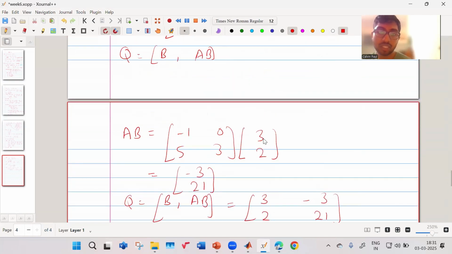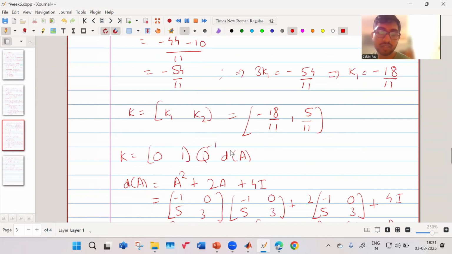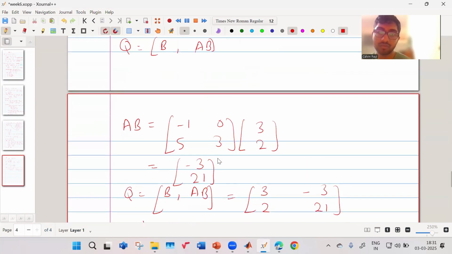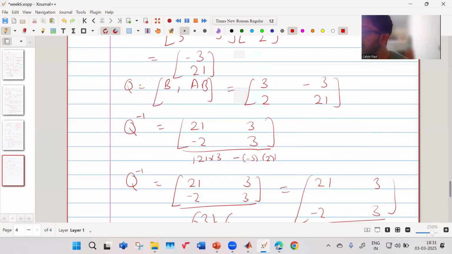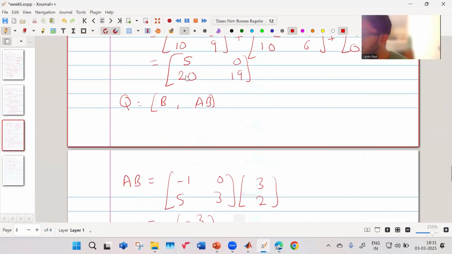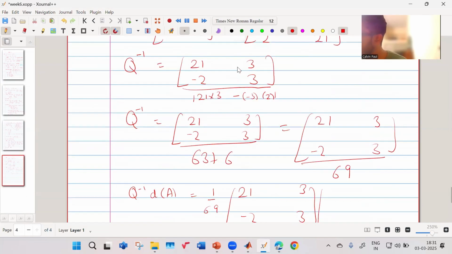So what's the formula? K is 0, 1 Q inverse of D of A. So Q inverse into D of A, there is 1 upon 69, Q inverse is 21, 3, minus 2, 3, and D of A is 5, 0, 20, 19.